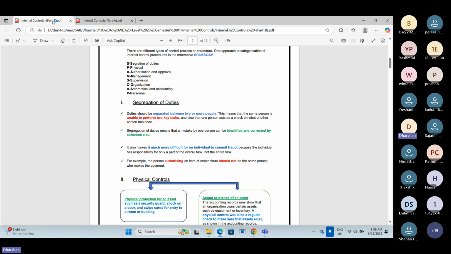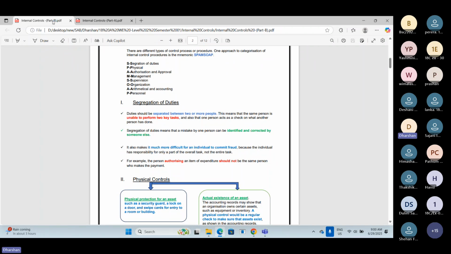If internal controls are designed and implemented after considering those components, then that internal control will become a strong internal control, which means effective and efficient. So that's why we learn control components or elements.